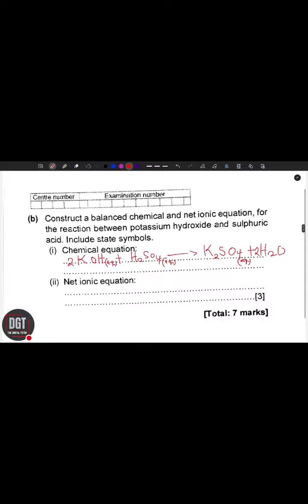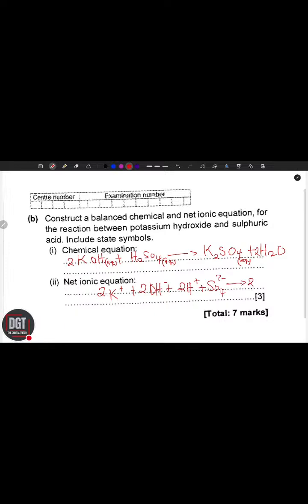Okay, what about the net ionic equation? So we split the aqueous species. Potassium, with a 2 in front, as it splits, positive, plus 2 hydroxide, plus sulfuric acid: 2 H positive, plus sulfate, which is negative.